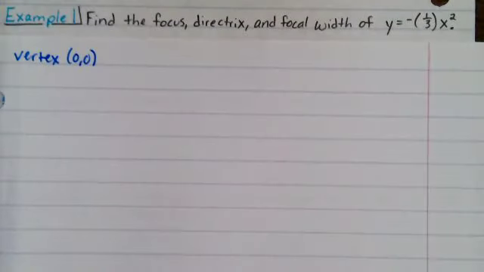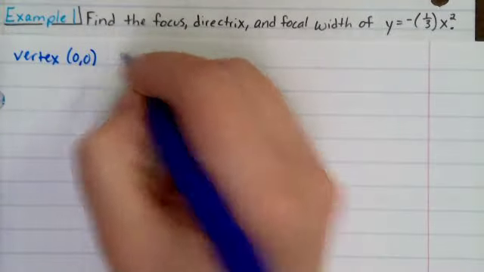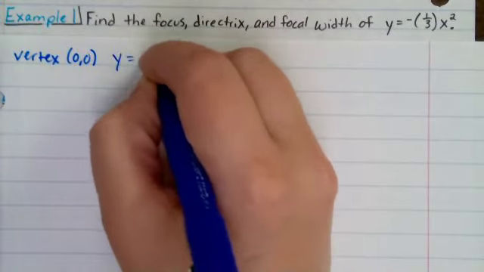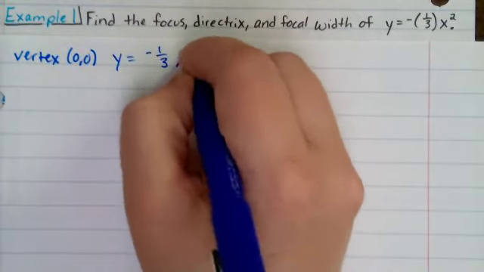That means that the standard form for this would be getting x squared by itself. Right now it is not. So that really would be my first step, is to get that x squared by itself, okay? So let's take this and rearrange it. We have y equals negative 1/3 x squared.